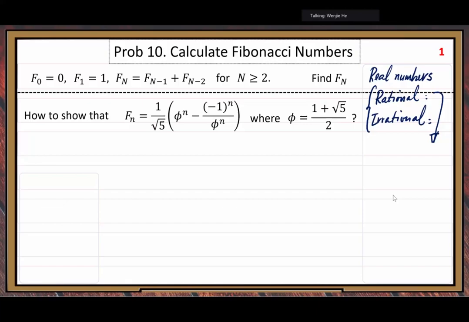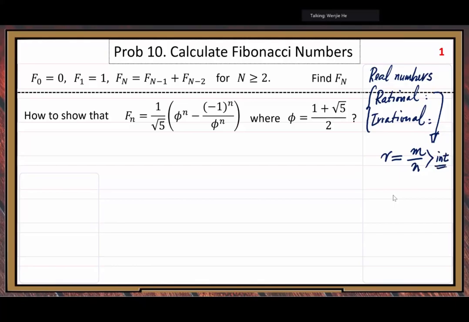For any real number, let me use R. If R is a rational number, then R can be represented as a ratio of two integers, let's say m over n, where m and n are all integers.